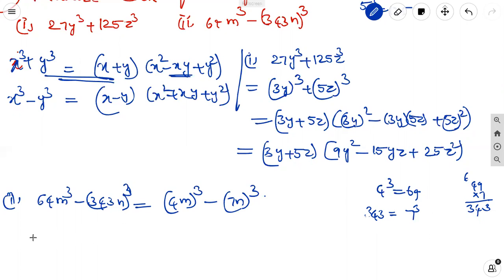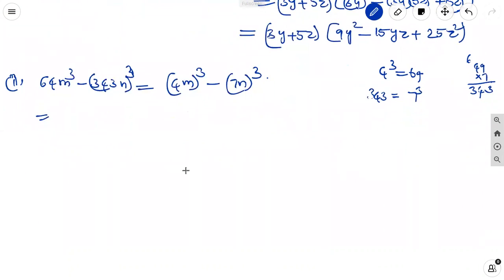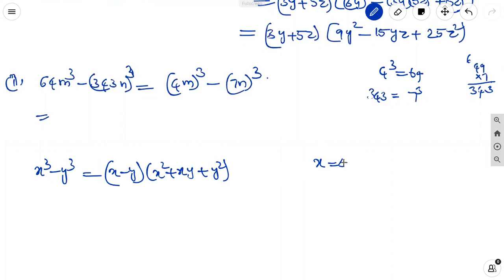Again applying the formula x cube minus y cube equal to x minus y into x squared plus xy plus y squared. Here, what is x and what is y? x equal to 4m, y equal to 7n. Keep that in your mind. In the place of x write 4m, in the place of y write 7n.